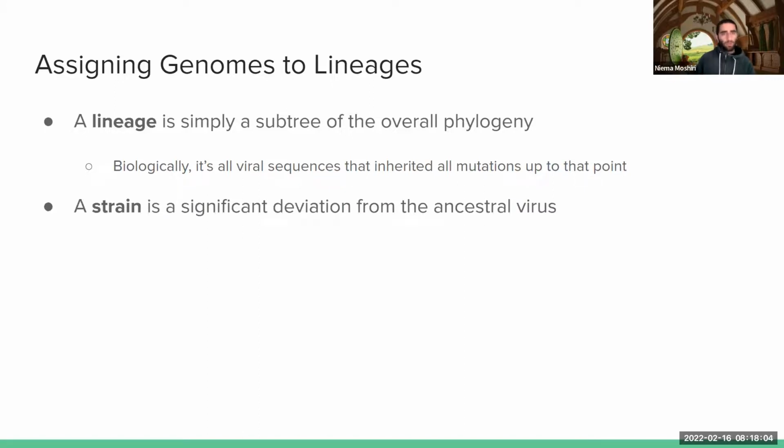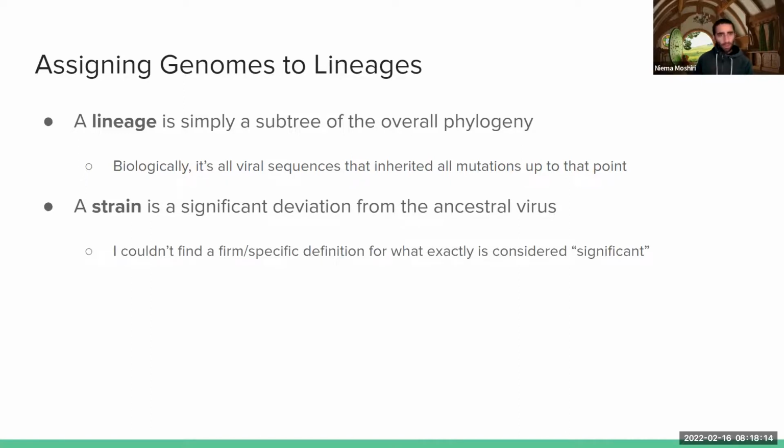Then there's also this term strain that gets thrown around quite a bit. A strain is a significant deviation from the ancestral virus. I actually tried looking into what they mean by significant deviation. That definition was from a CDC website, but I couldn't find a very firm or specific definition of what constitutes significant deviation to make a new strain.